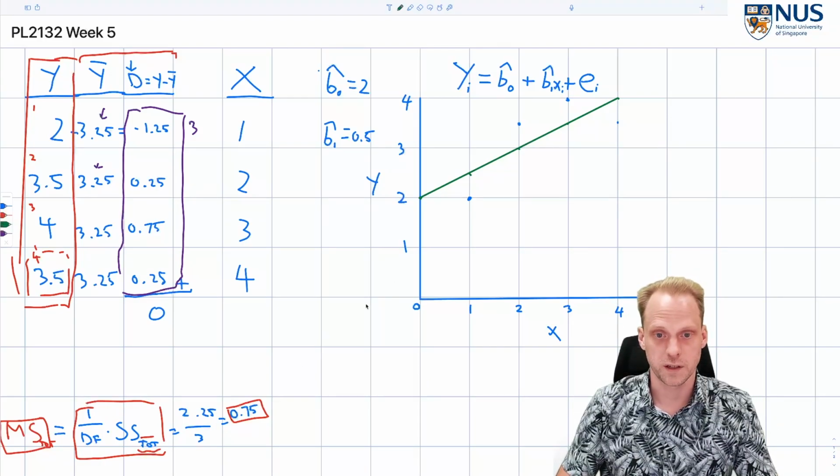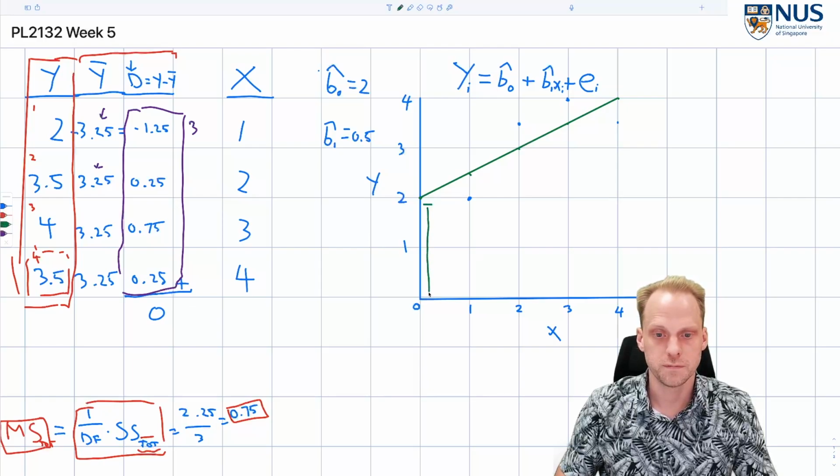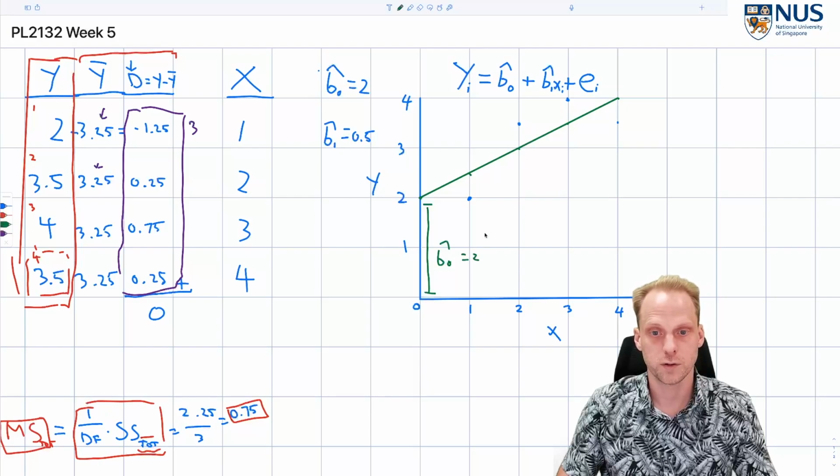Okay, now let me actually write the parameters in here, which is a bit nicer to read. Beta 0 hat equals 2. And this part here, beta 1 hat equals 0.5.